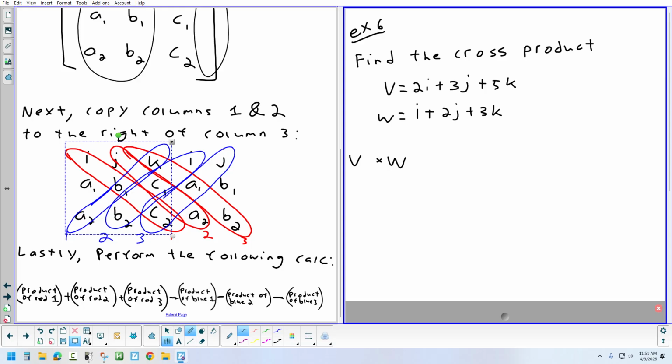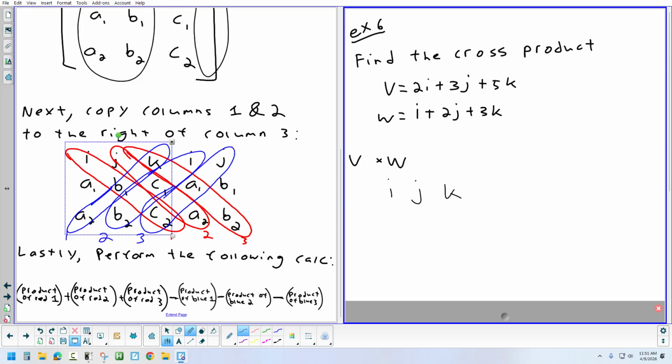I-J-K. What are going to be the 3 numbers in the next row? A1, B1, C1. Okay, but how about for this problem?